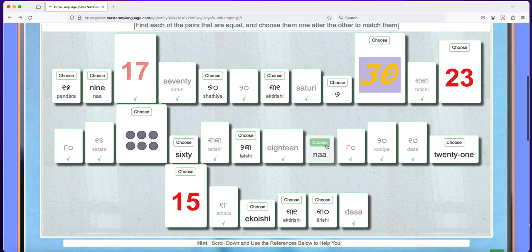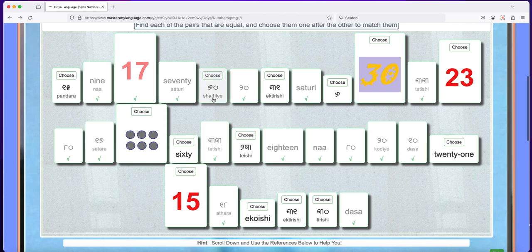Then we have a Na. Okay. Shatiye. Pandara. Sounds like 5 something. Maybe that's 15.